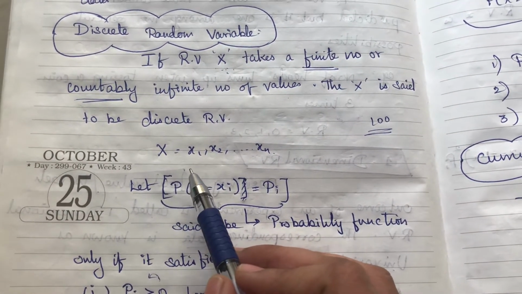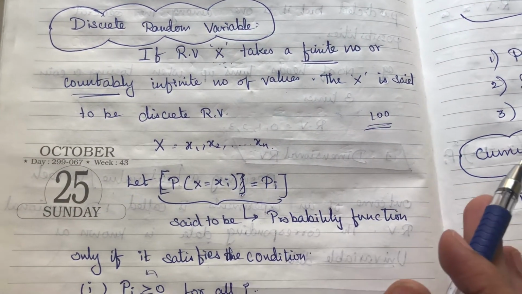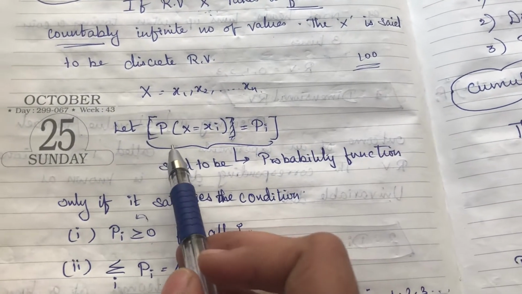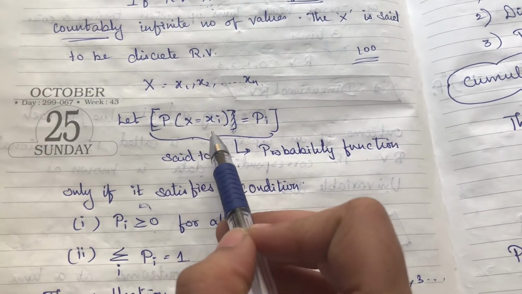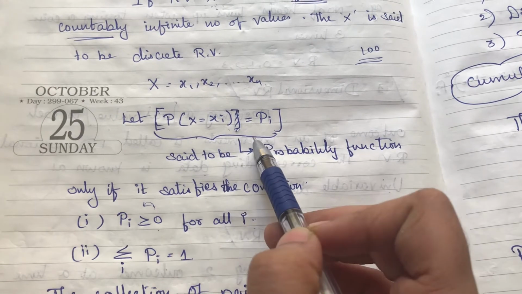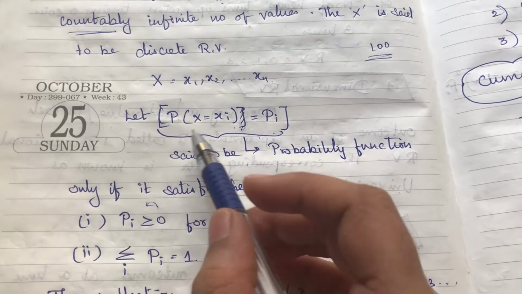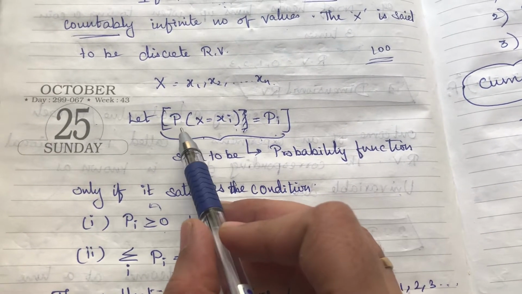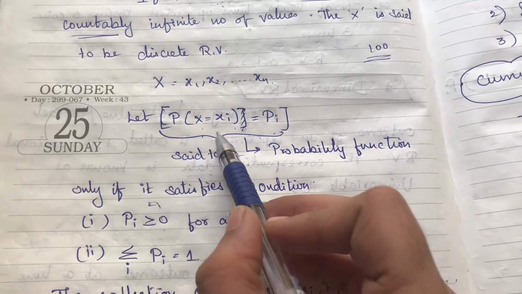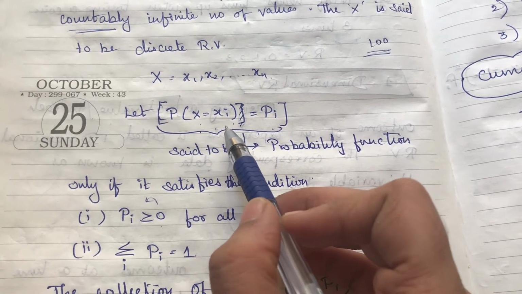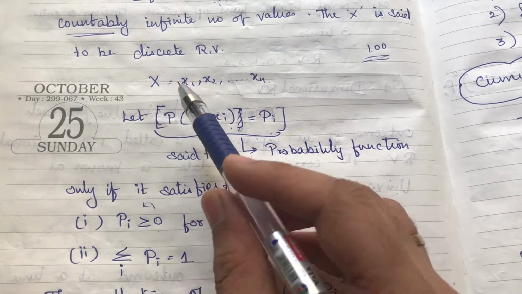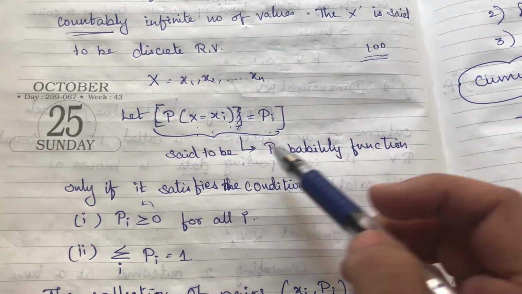So x is equal to x1, x2 up to xn. Let P of X equal to xi, small xi, be equal to pi. Here i is nothing but the numbers 1, 2, 3, 4 up to n, right?